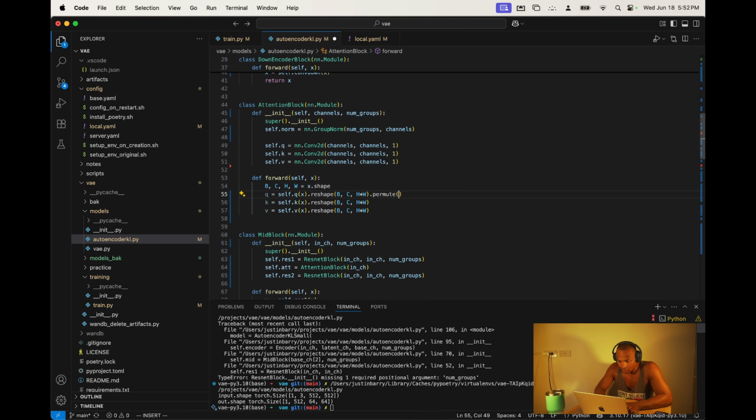Then we're going to permute 2 and 1. So now the result is going to be B, H, W, C, and this is going to stay the same, B, C, H, W. Then we're going to multiply the query times the key.